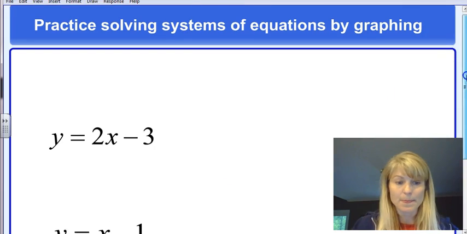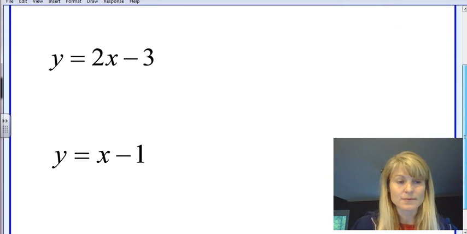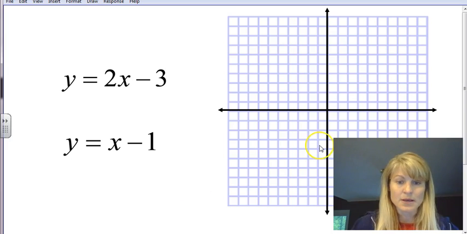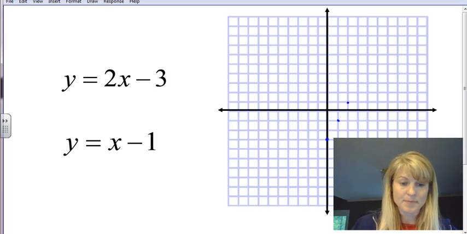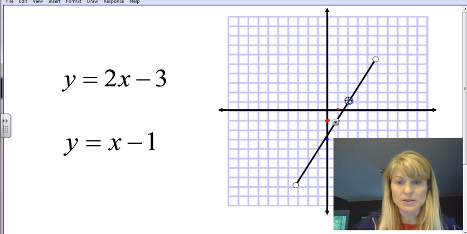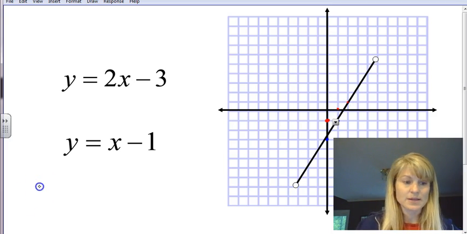The next one we're going to look at is this one right here. Again, we're going to graph this. This top one has a y-intercept of -3, and the slope is up 2 over 1. So I can draw that line. And then this one, the y-intercept is -3, and it goes up 1 over 1. So we'll draw that line.